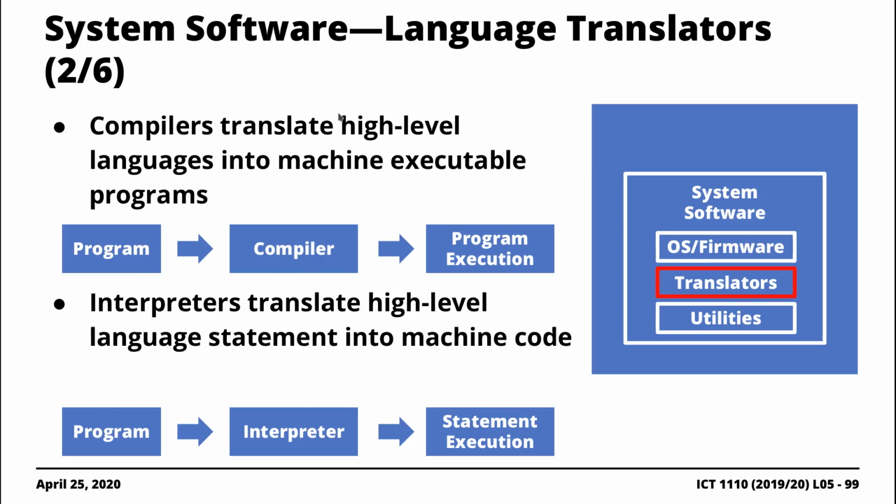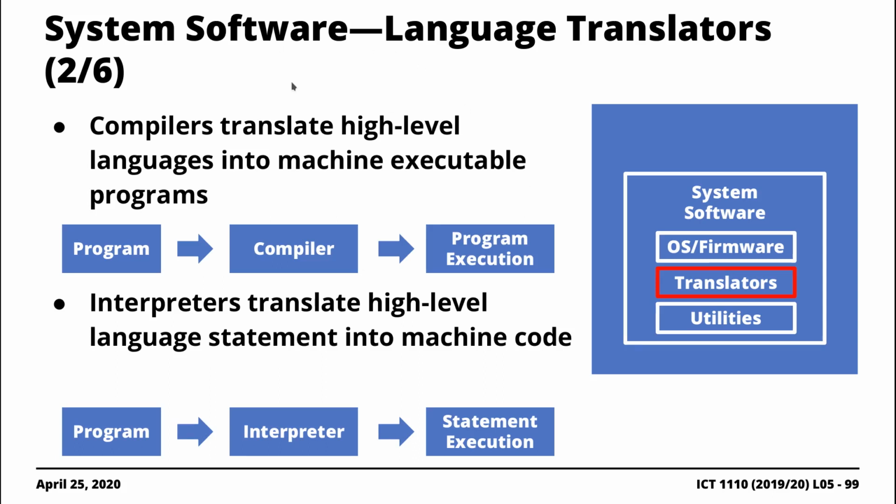And really they serve to perform a similar function, and that is conversion of high-level machine instructions into a form that the computer hardware will be able to understand. The only difference is in the way in which the translation is performed or conducted.